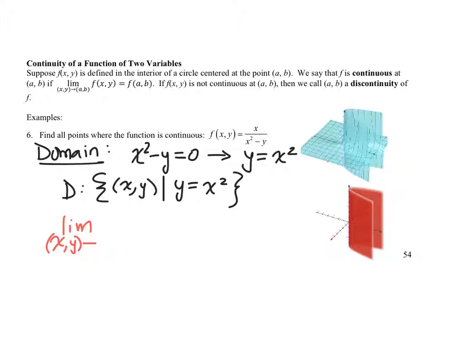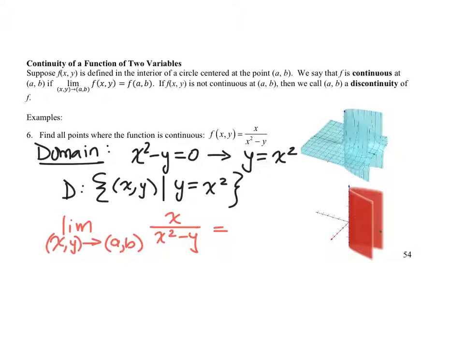We need to state that the limit as xy approaches AB of x squared minus y is going to be equal to really the same function, just with a's and b's in it. All right, so it's really just direct substitution, which is not difficult.